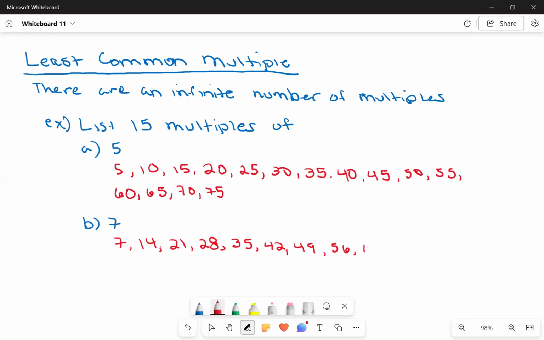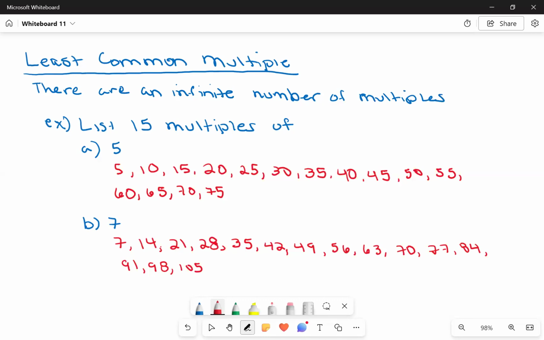Sorry, lost my train of thought there. 63, 70, 77, 84. And now here's where I needed my calculator. 91, 98, and 105. Well, I could actually just keep adding 7 every time and get them, but still. All right, there we go. So there are the first 15 multiples of 7.